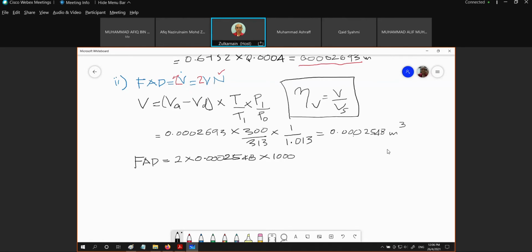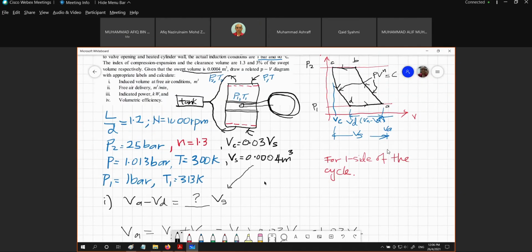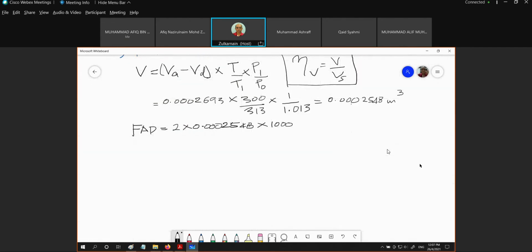Do we need to change the RPM to RPS, the speed? Let's check. The 2 has no unit. This is a meter cube multiplied by 1 per minute. The answer for free air delivery is in meter cube per minute, meaning that we don't have to convert the 1000 to RPS. So we leave it as RPM.